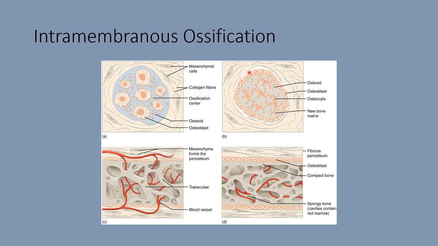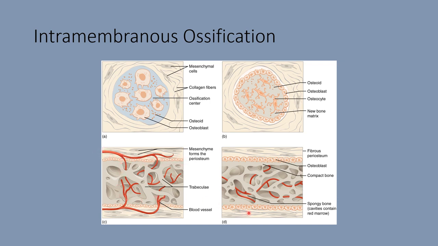Here you've got some of your osteoblasts on the surface. Once the matrix hardens around these cells, which were initially osteoblasts, now they've become osteocytes. You've got that hardened matrix around them. Those osteoblasts that were on the surface are now starting to form the periosteum. You've got your blood vessels forming.